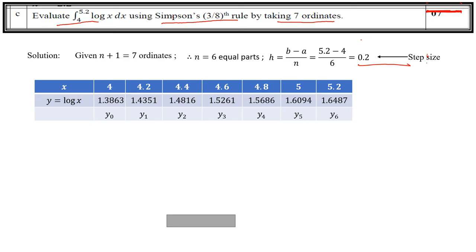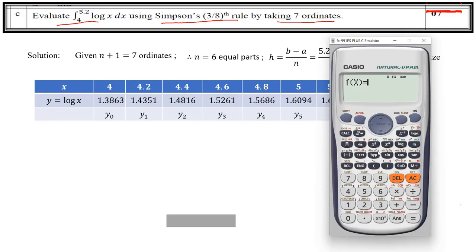You will get the table. Substitute f of x as log x. One thing you should know: as the given problem contains log x, it is base e, not base 10. You should consider ln, the natural log of x. That is the one thing you should remember here.